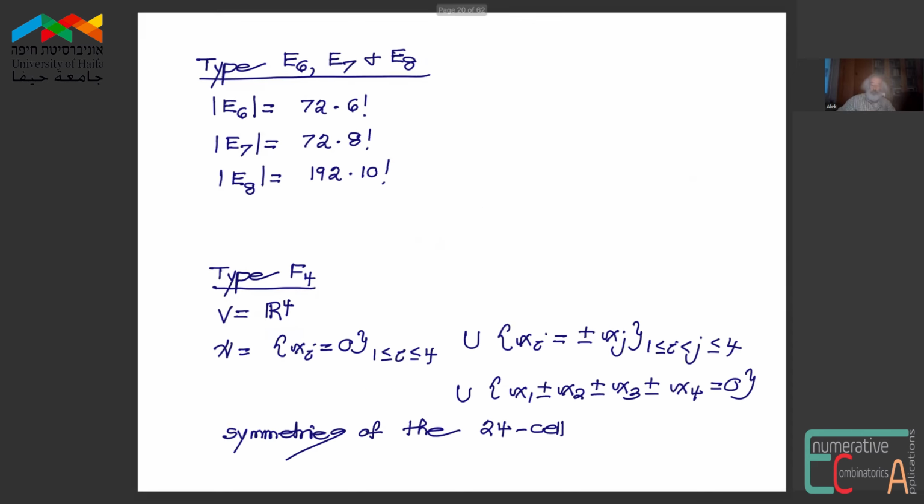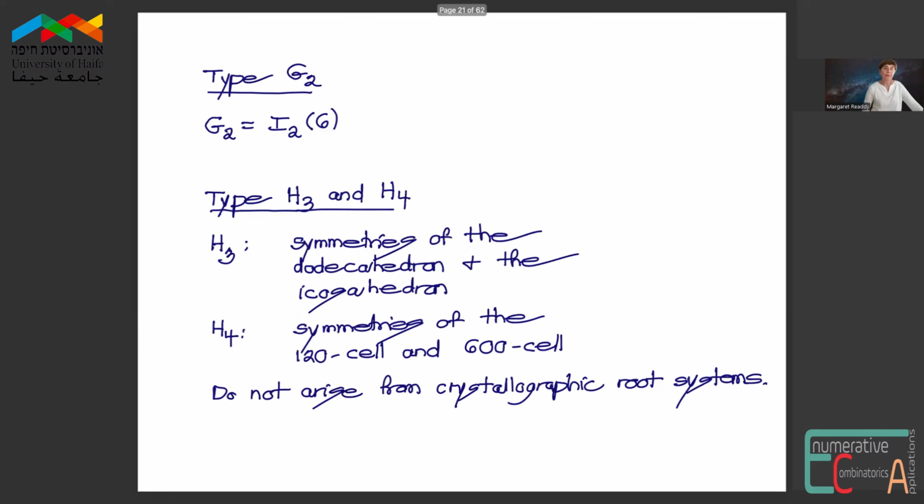Okay, E6, E7, E8. I'm not going to say much about them other than there's a lot of elements. Type F4 is a very nice Coxeter arrangement corresponding to symmetries of the 24-cell. And we have type G2, type H3 and H4.